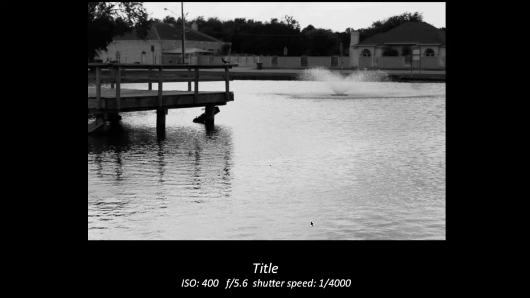So you might want to think about going back on some of these and applying some selective edits to masked off areas, and I think you'll see a huge difference in taking an average picture and making it look really good.